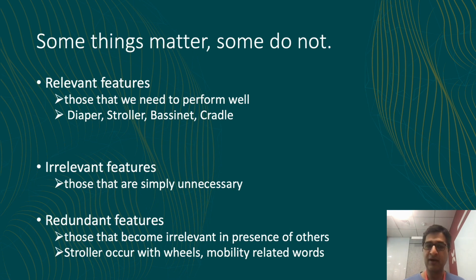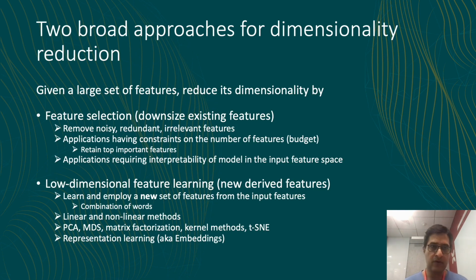Now the stroller may co-occur with terms like wheels or mobility or moving around, and then the wheels and mobility related features may not be as relevant to the classification problem. So the problem becomes to find out which features are important and which are the other ones that can simply be ignored. So there are two broad approaches for dimensionality reduction.